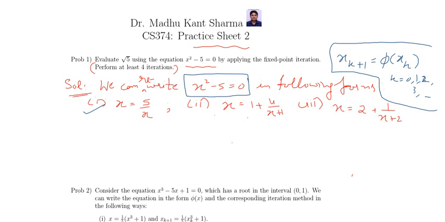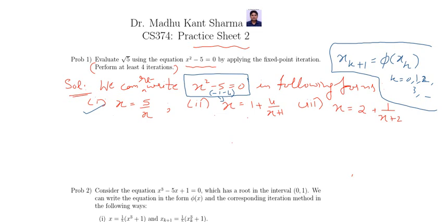Or you can write x square minus 5 as x square minus 1 minus 4, and you will get the second relation. For the third relation, you can write it as minus 4 minus 1, then arrange the things and rewrite the equation in the following form.